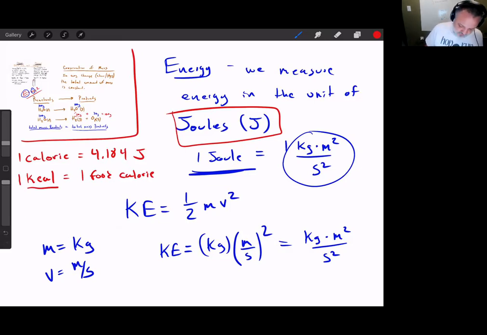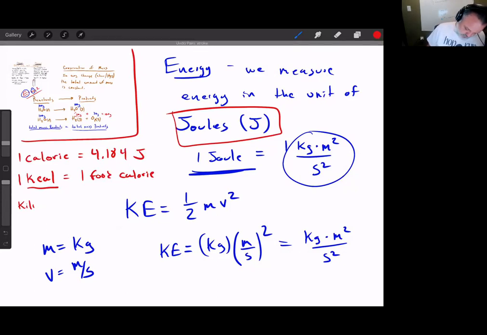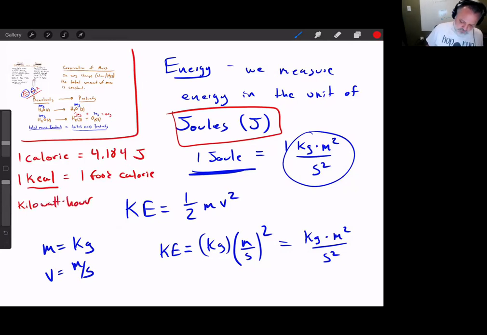And there's also another one that's commonly heard of in homes. The kilowatt hour. These are some units of energy. Yeah, food, that's definitely nutritional.